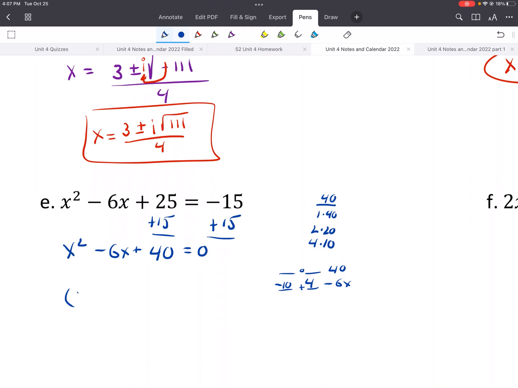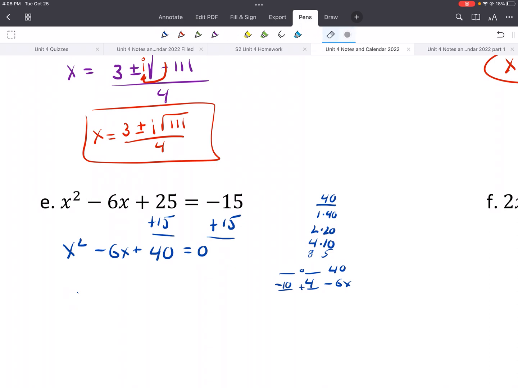They both need to be negative, but there's no way you can get both being negative. And the other choice would be 8 and 5, 5 and 8, but that doesn't give you a 6 either. So this is not factorable.